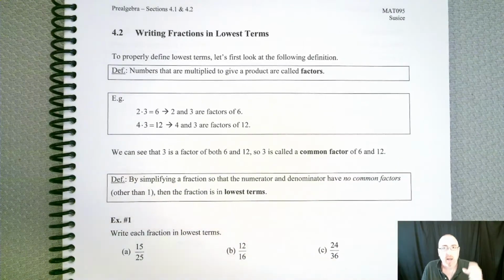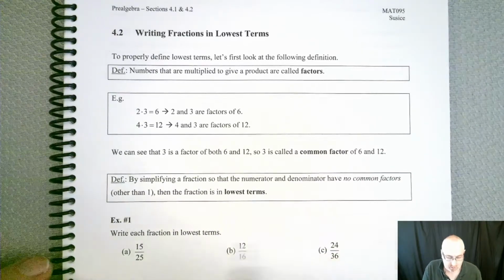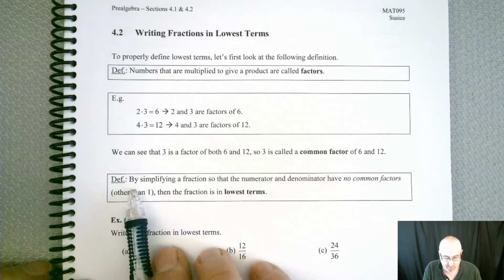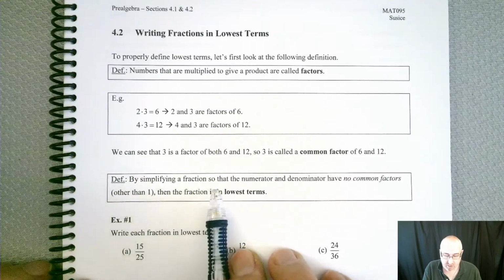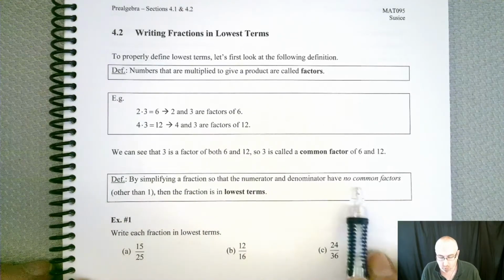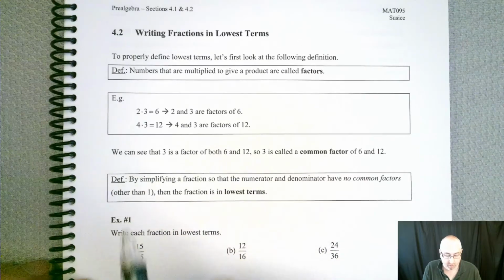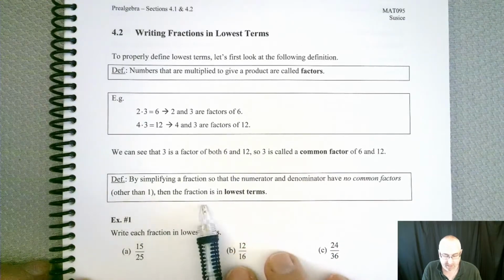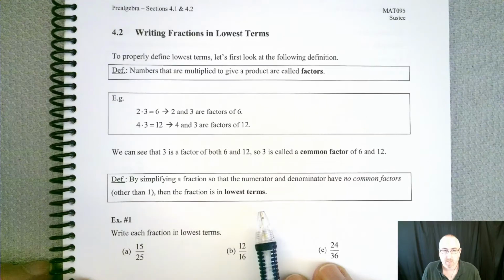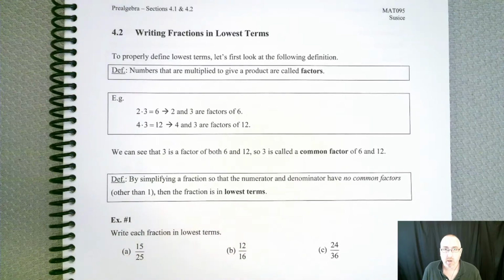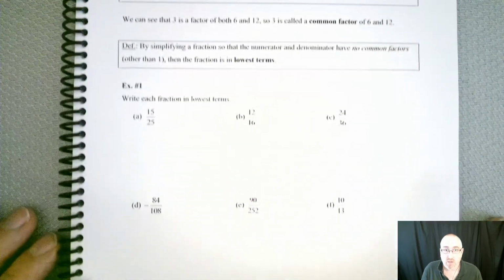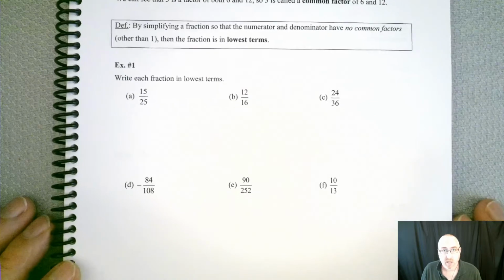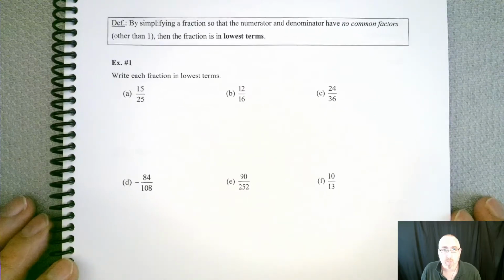Then we can divide it out to reduce it down. The next definition: by simplifying a fraction so that the numerator and denominator have no common factors other than 1, the fraction is in lowest terms. So that's what we're looking to do. Let's try a few and see how we do.